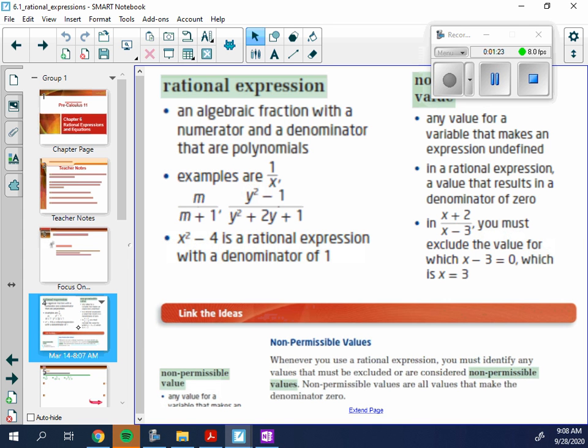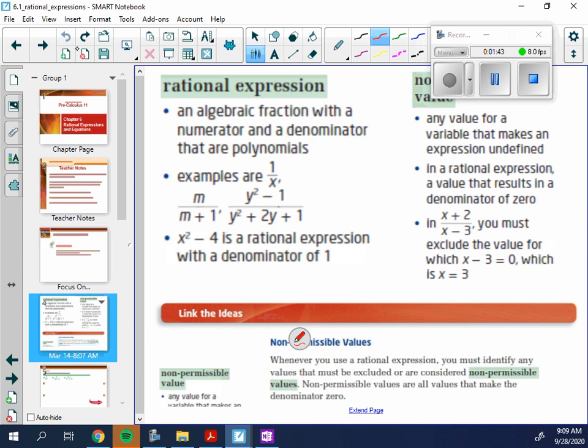Okay, and then one thing I want to go over right away is you are not allowed to do this. You are not allowed to cross off those m's. You're also not allowed to cross off these y squareds. So those things are not allowed, and I want you to keep that in mind.